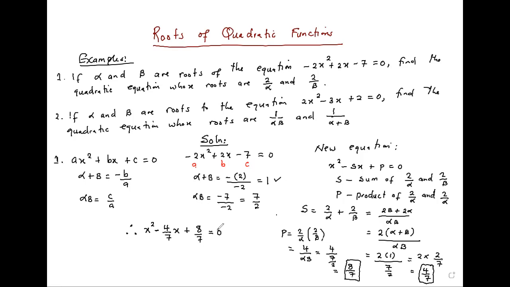Some questions would demand that a, b, and c of that new equation are whole numbers. In such cases, you multiply throughout by 7, the highest degree in the denominator, or by the lowest common multiple, so that we get 7x squared minus 4x plus 8 is equal to 0.